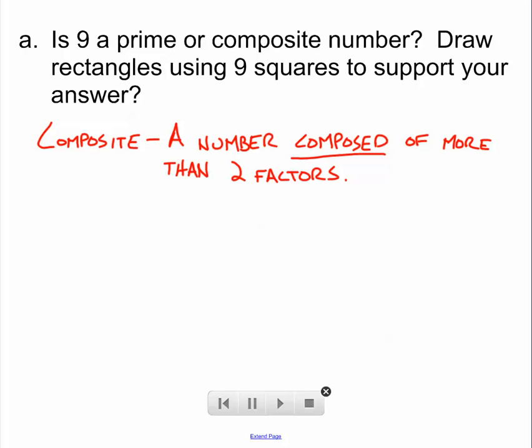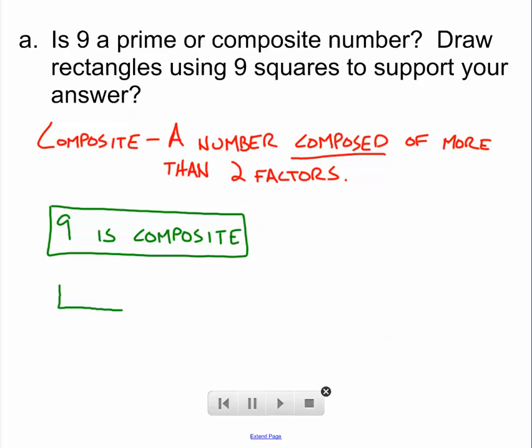So, is 9 divisible by more than just 1 and 9? Yes, it is. 9 is divisible by 3 also. So that makes 9 composite. If we're going to draw rectangles to support this, let's make a rectangle that is 9 by 1.